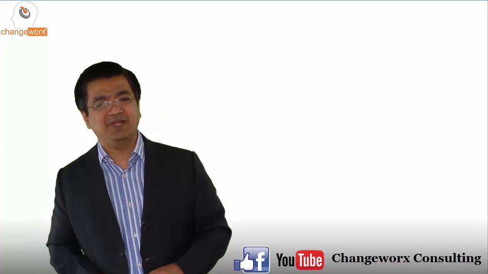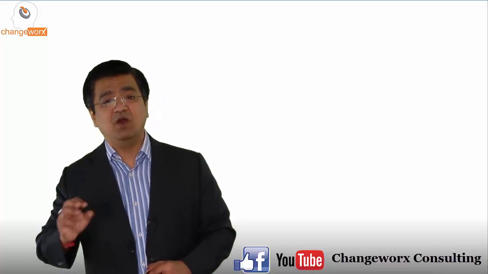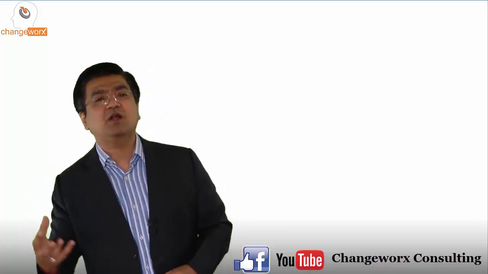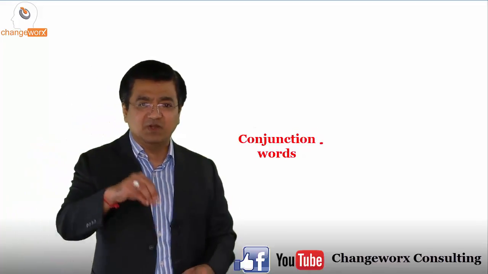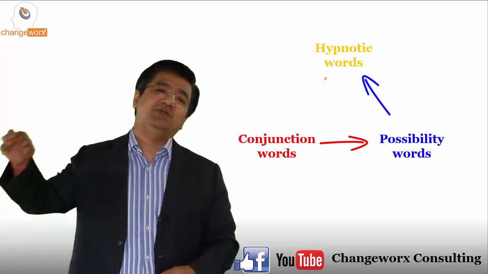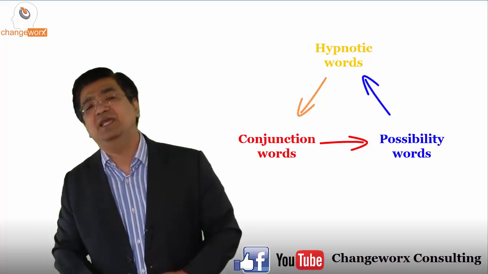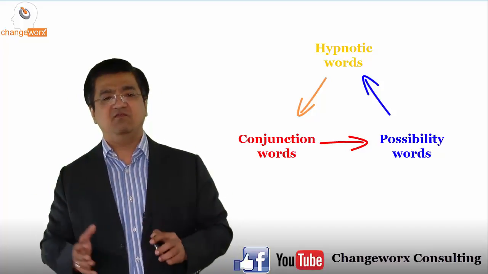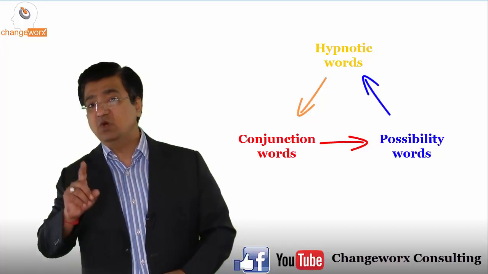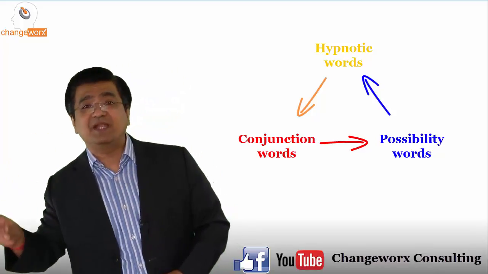So before I explain that, let me remind you that the purpose behind this topic is to make you aware of designing sentences using a cocktail of conjunction words and plausibility words and also the hypnotic language pattern words to significantly amplify their influence on the listener. So far, we haven't yet actually moved to the hypnotic language pattern words.